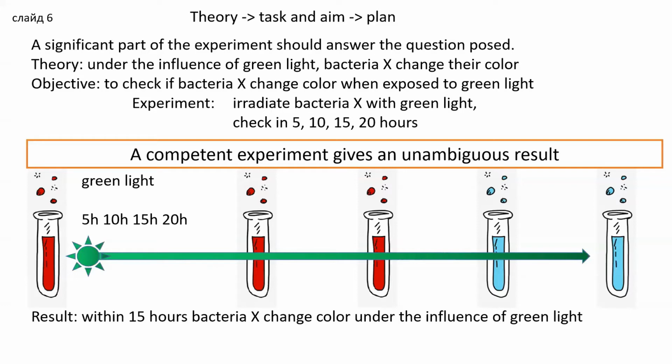Here you have two parts of the answer. First is whether bacteria really change their color. And the second is when they really change their color. So this experiment gives you a single result and you have no doubts about this result.